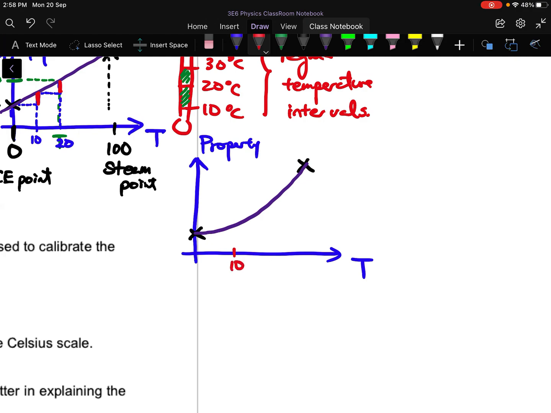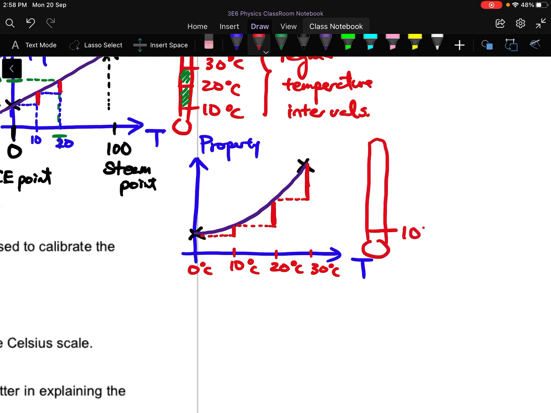If I have a 10 degrees C change, you can see that I only have this amount of observable change. Followed by another 10 degrees C change, I will see this much, and another 10 degrees C, this much. This means that my thermometer scale will look something like that. At first, from 10 to 20, I only see this change. From 20 to 30, I'm going to see a big change.